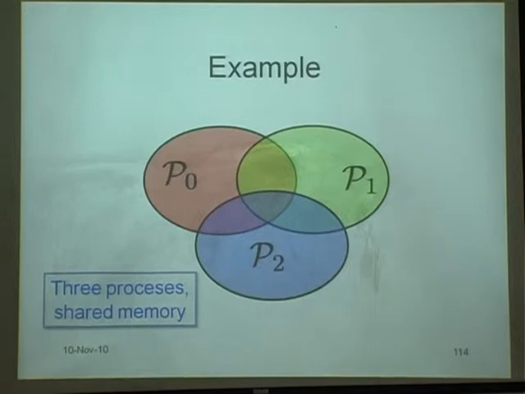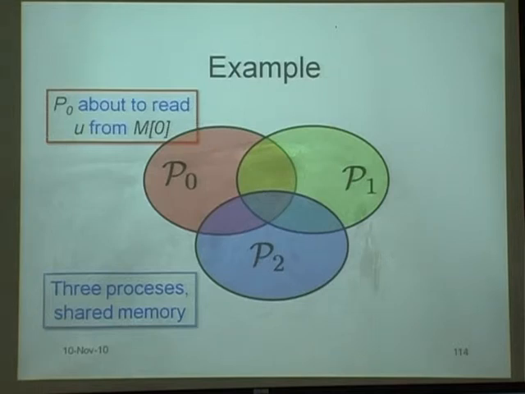If this were a synchronous model where everybody steps together, this wouldn't work. But because it's asynchronous, we can say this is what happens if 0 goes first, this happens if 1 goes first, this happens if 2 goes first, and somebody has to go first. So the union of all 3 of these is everything that can happen, assuming there are only 3 processes.